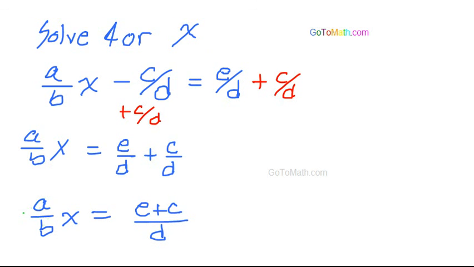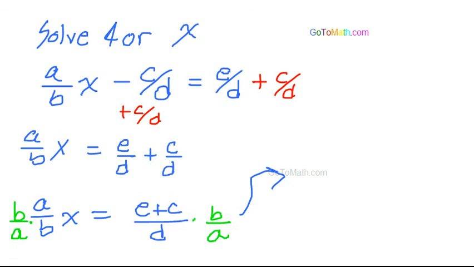Okay, so reciprocal time, we're going to multiply it through by b over a to both sides. This cancels out.